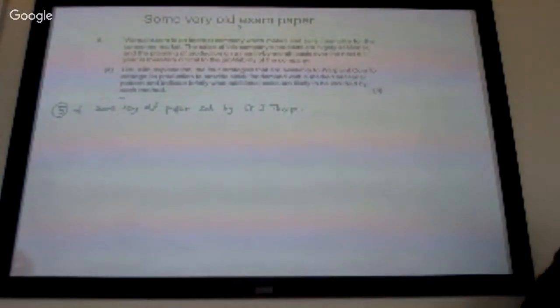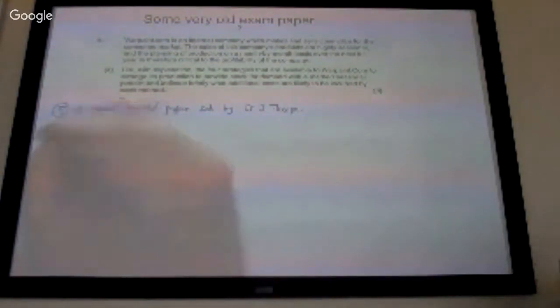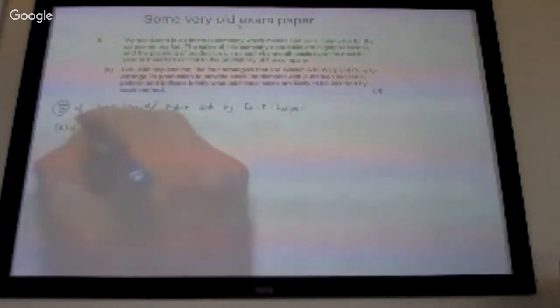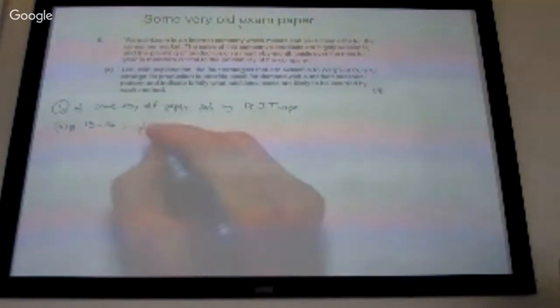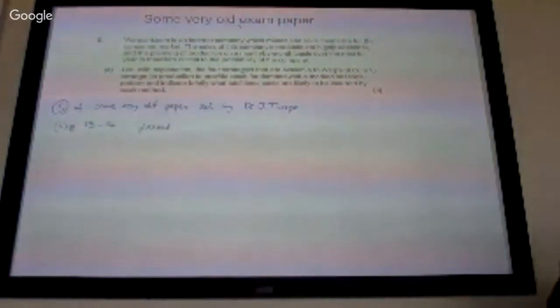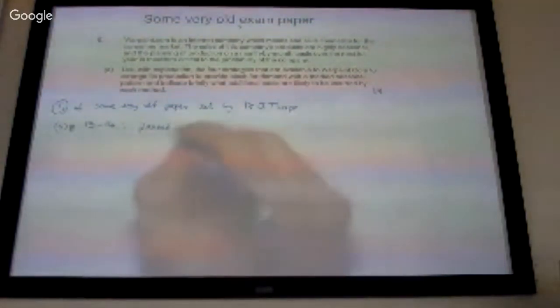Four strategies. So part A, pages 13 and 14 of the same book. It says, how do you deal with seasonal demand, with fluctuations in the demand?